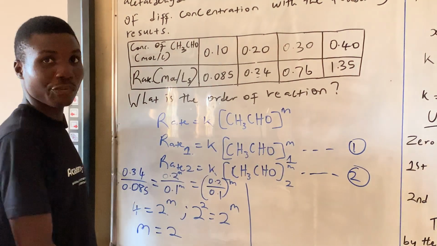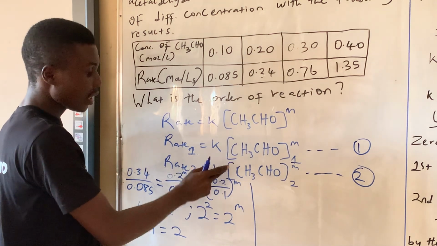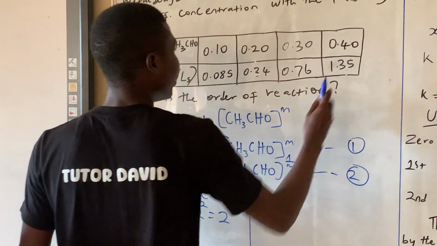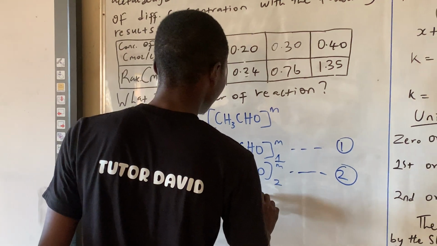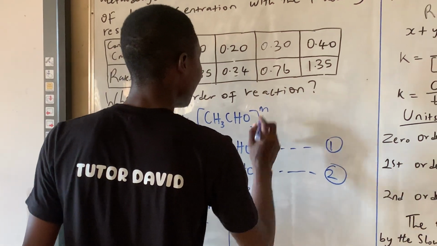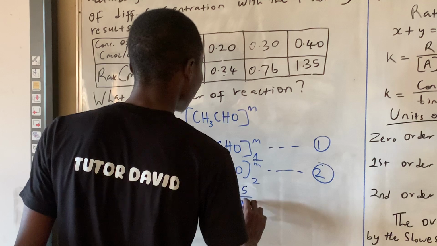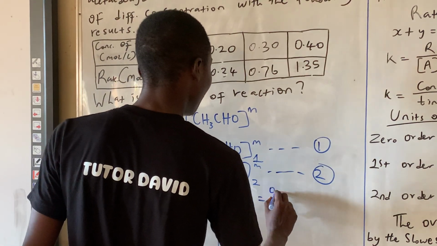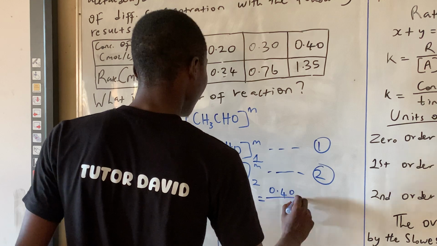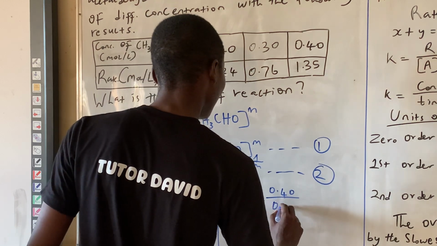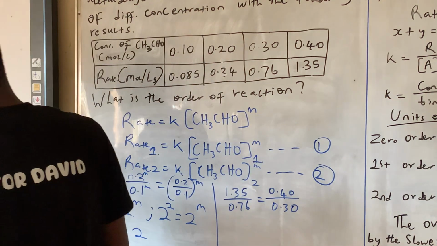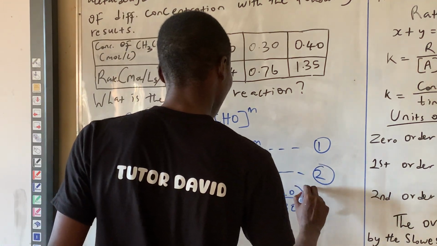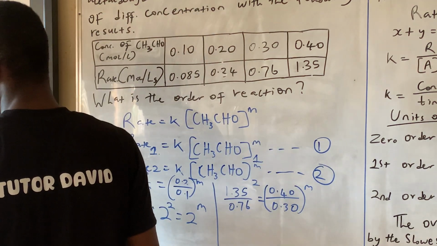Rate 4 is K concentration 4 raised to the power of m, rate 3 is K concentration 3 raised to the power of m. When you do the division, rate 4 will be 1.35, rate 3 will be 0.76, equal to 0.40 divided by 0.30, and all of these things are raised to the power of m.